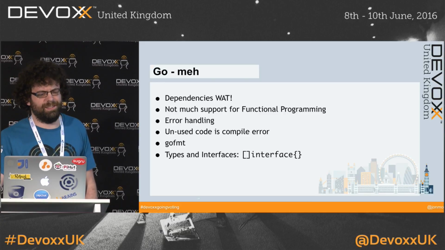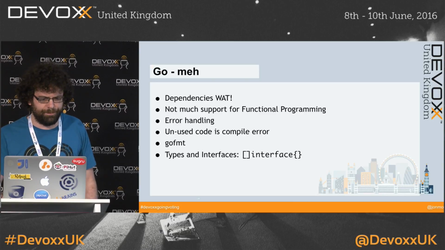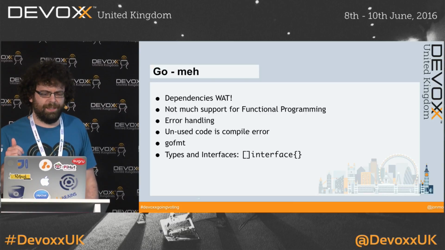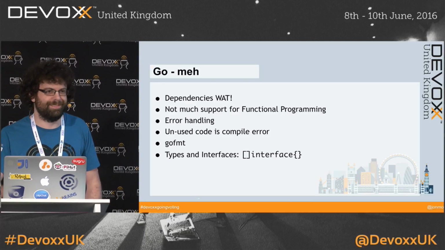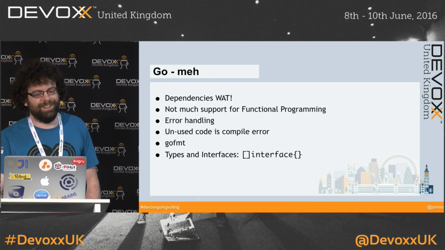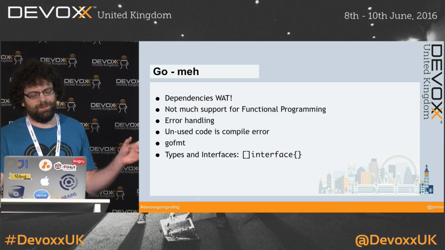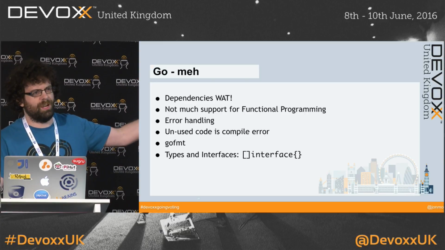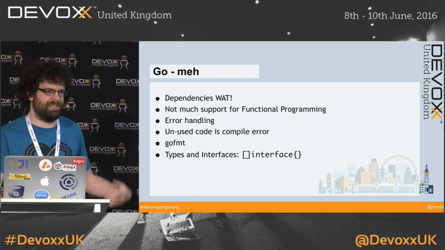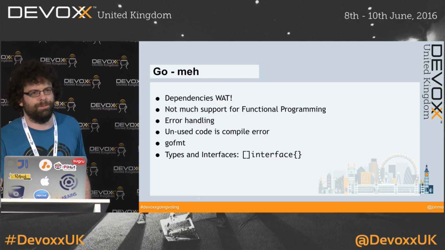And error handling is strange. A bit more on error handling in a minute. Also, go fmt uses tabs. I'm not a tabs person. Spaces. And the type system isn't really strong enough. So you end up using interface{} all over the place, which is basically the version of Java's Object, because there's no generics and things.